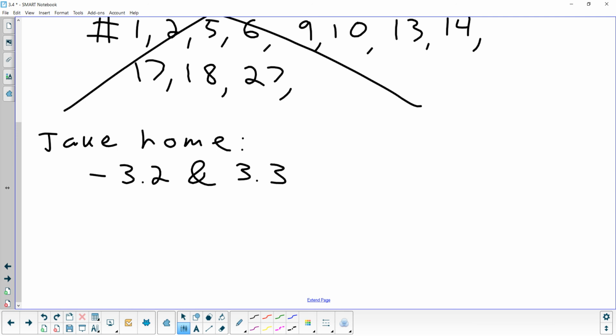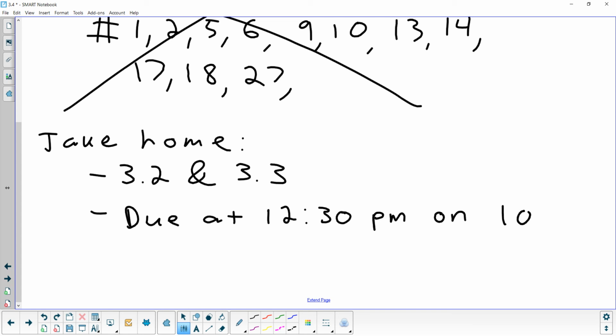Tomorrow's part of the test will cover 3.3 and part of 3.4. Take home will be due at the beginning of class tomorrow. So that will be due at 12:30 p.m. on October 15th. That's Eastern time.